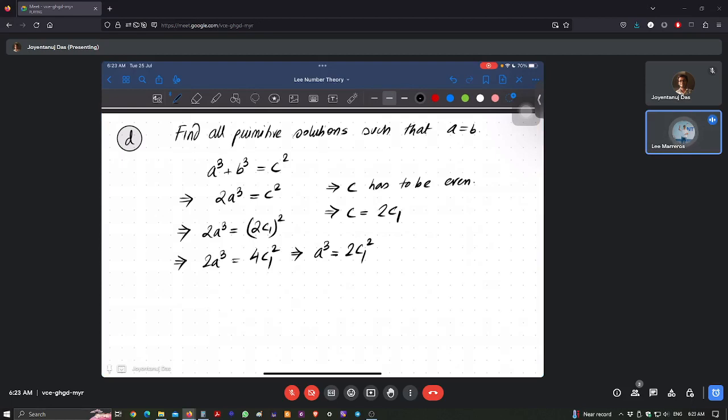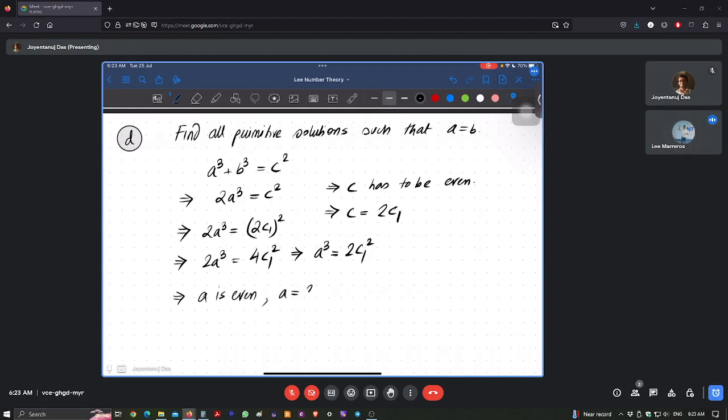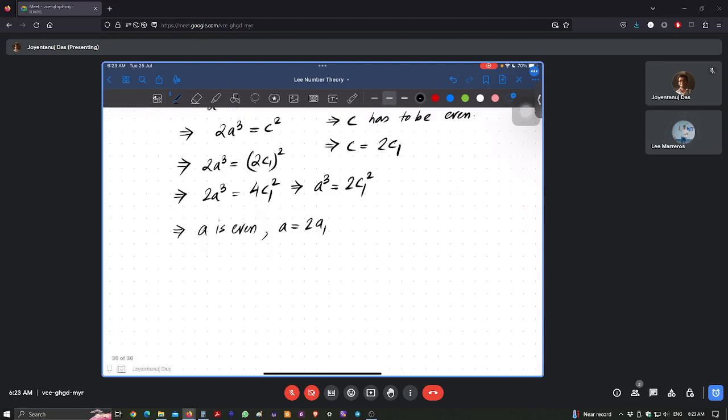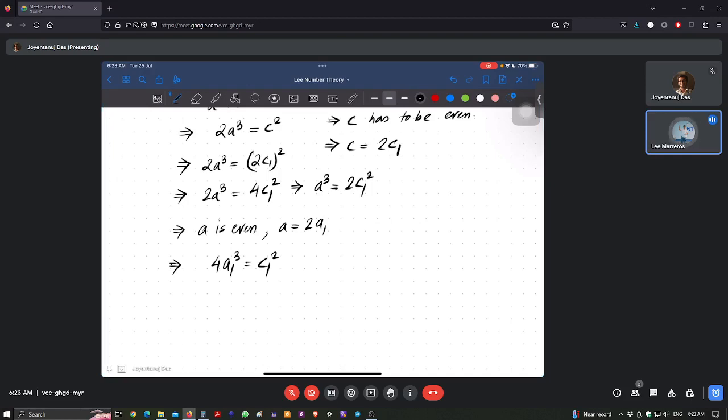So A cube is also even. Again, we can say that A is even, and let A equal 2 times A1, right? So again, if I substitute, I will get 8A1 cube equals 2C1 square, so after canceling, 4A1 cube equals C1 square, right?